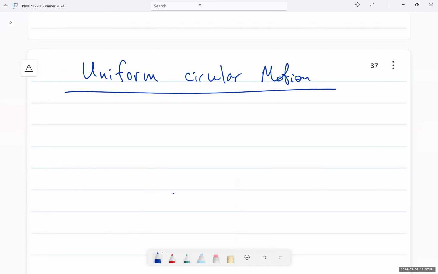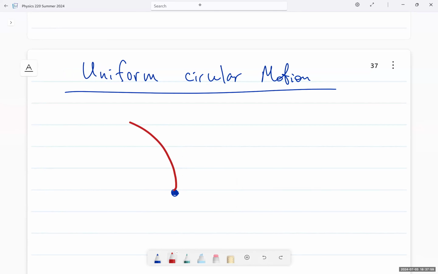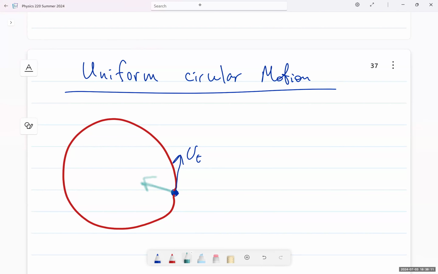So generally, if an object goes along this vertical trajectory, something like this, we have this tangential velocity. In order for it to go around in a circular path, as we said, there has to be a centripetal acceleration. It always points toward the center.